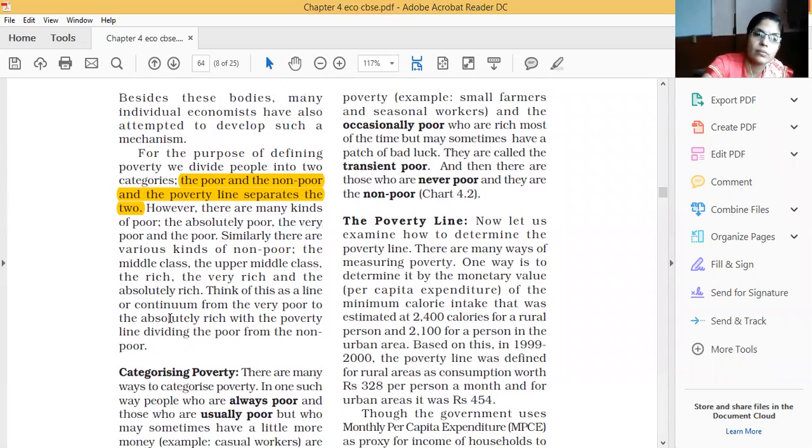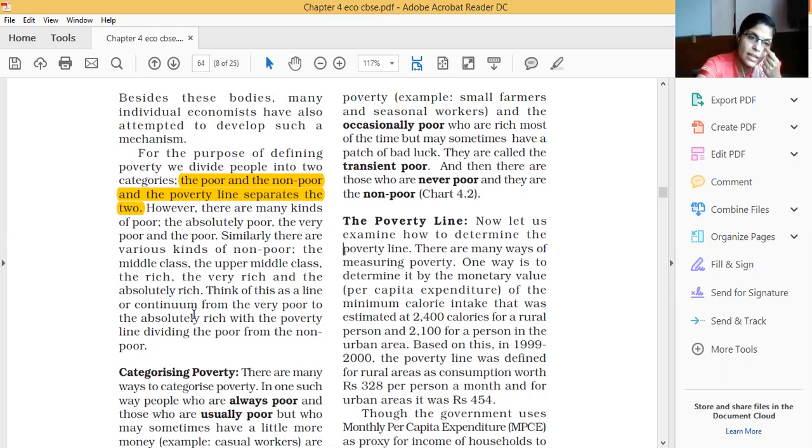First, these are rich, upper class, rich and very rich, the absolutely rich. Think of this as a line or continuum from the very poor to the absolutely rich, with the poverty line dividing the poor from the non-poor. So these are two categories, poor and non-poor.